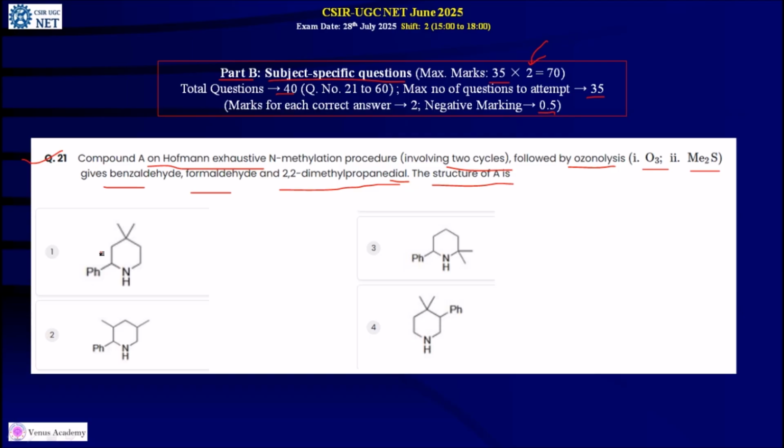If I do ozonolysis, you are going to break like this. It is going to give these products. Let us say option number 1 and write the products. What are the products?